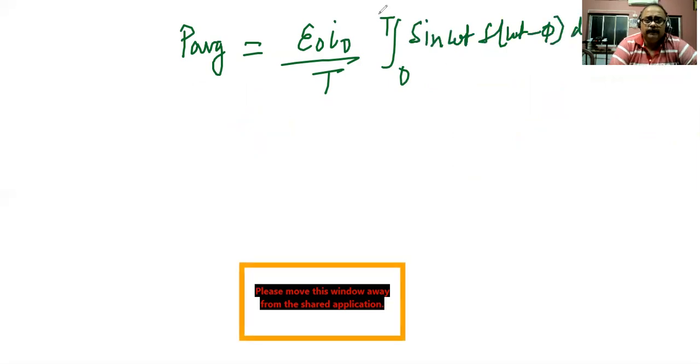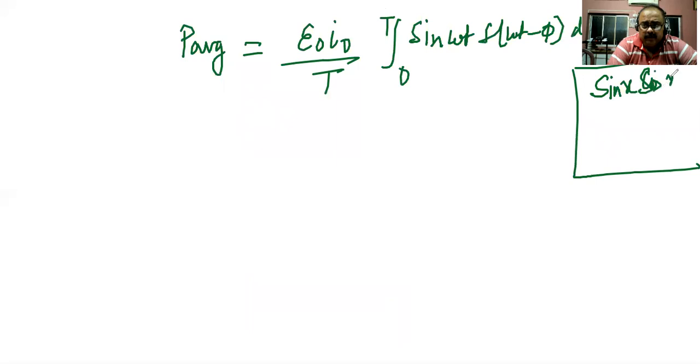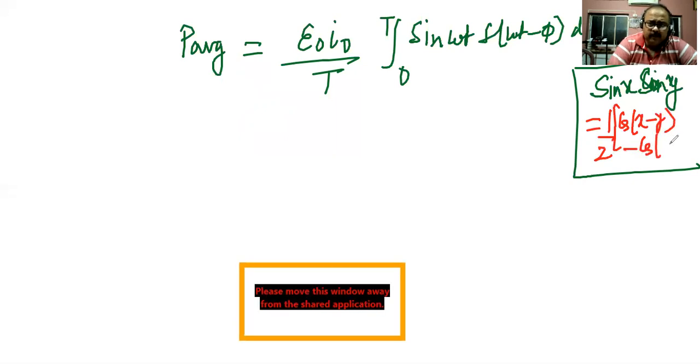Let us recollect the transformation formula from trigonometry. Sine x into sine y equals half bracket cos of x minus y minus cos of x plus y. We will use this transformation formula from product to sum.